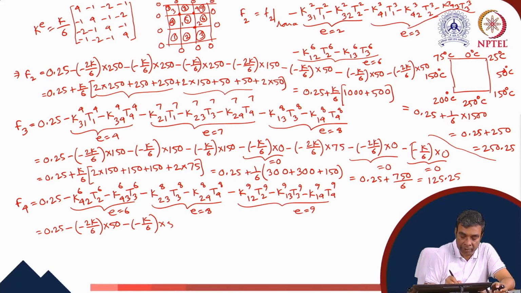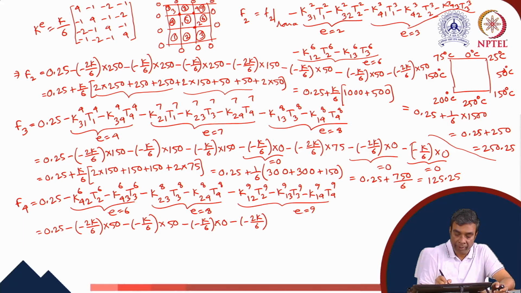Here the temperature is 50 degrees centigrade minus K238. K23 is minus K by 6 minus K by 6 into T38. On the eighth element, we have at the top surface temperature is 0. So it is 0 minus K248. K248 is minus 2K by 6 minus 2K by 6 into T48. T48 is also 0 degree centigrade, so this is 0.